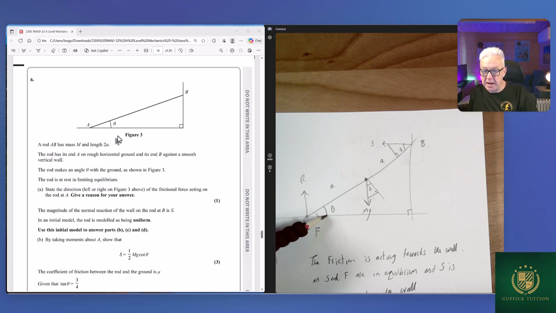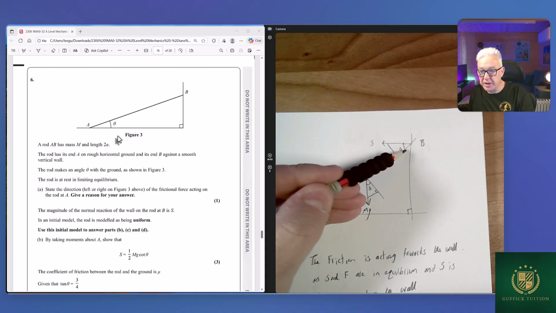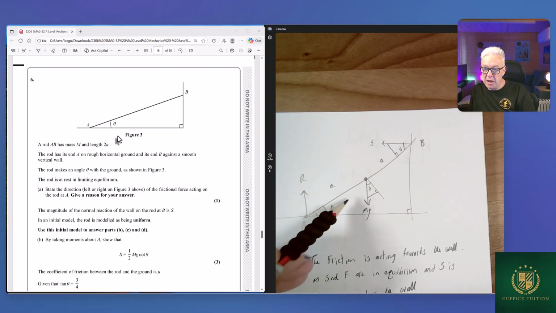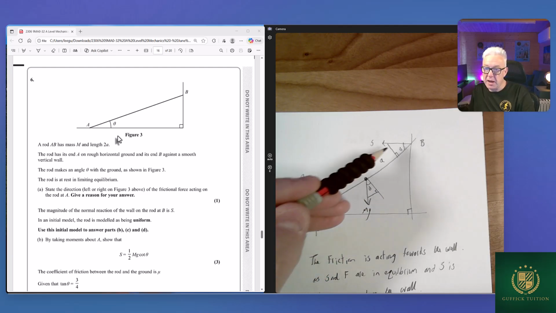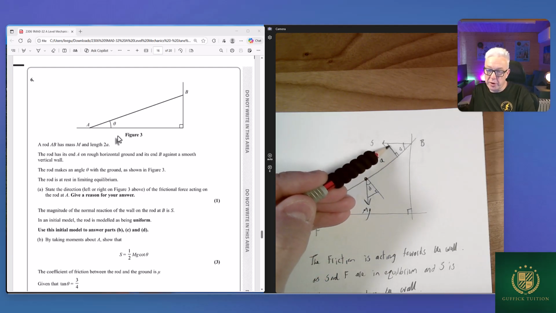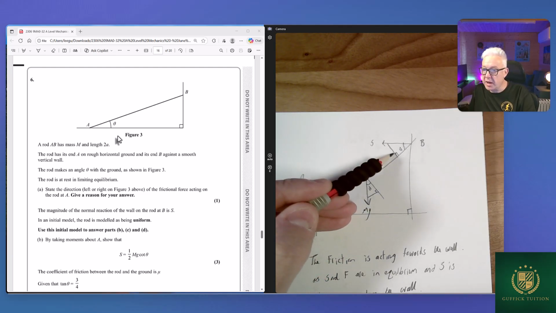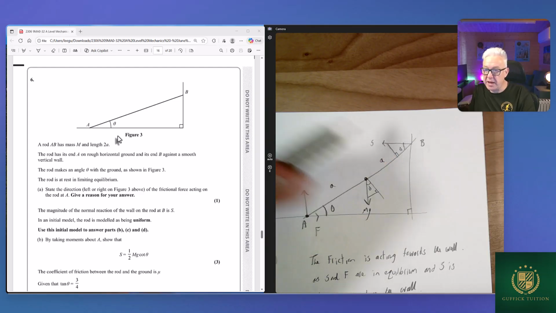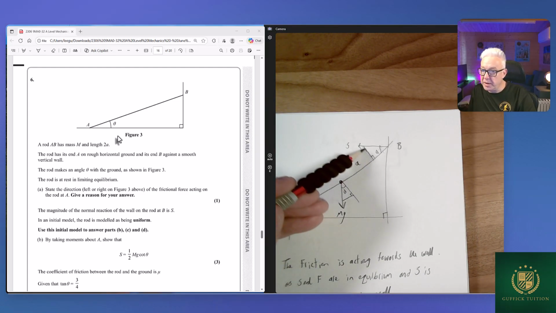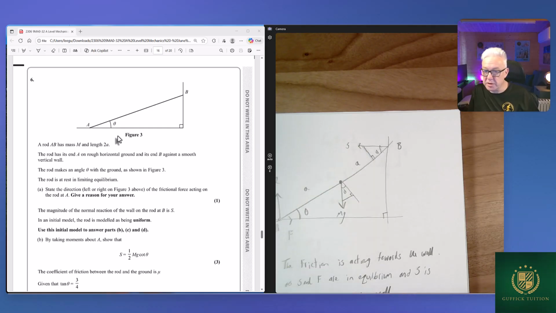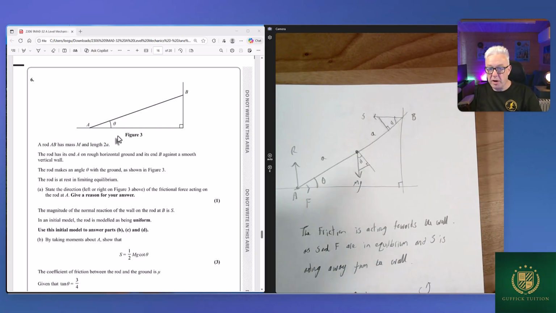We have this angle here is an alternate angle, so that is also theta. Again, this angle here is theta, and we draw a line like that. Sometimes students get confused about knowing how to draw this line that I'm indicating with the pencil now. But we draw it like that because we need to resolve perpendicular to the rod when we're taking moments, okay? So we've got our friction acting towards the wall, our normal reaction there.